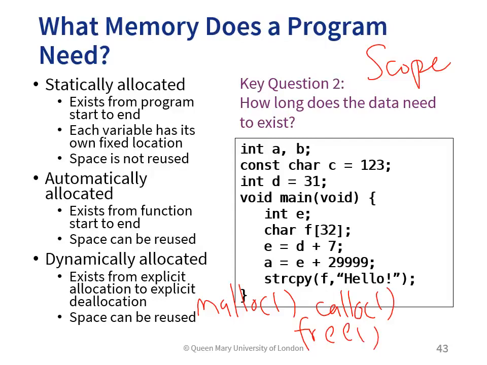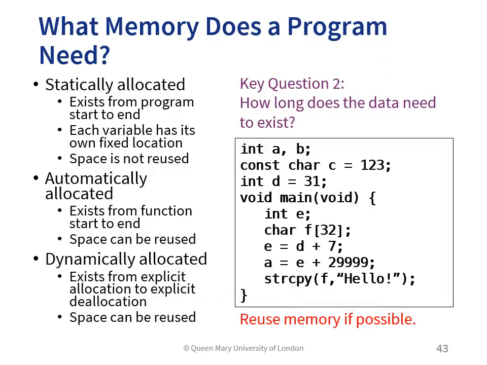This relies on the way the code was written, and the space can be reused once it is freed. The key idea is we want to reuse the memories if possible, such that we can have more variables created for the application.